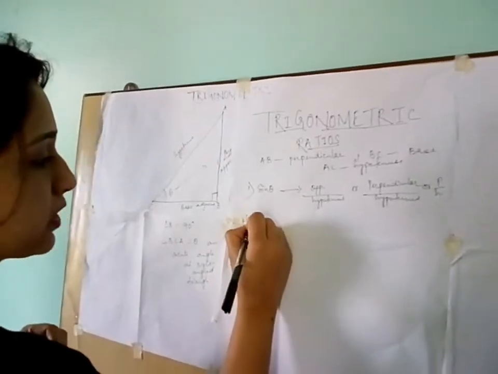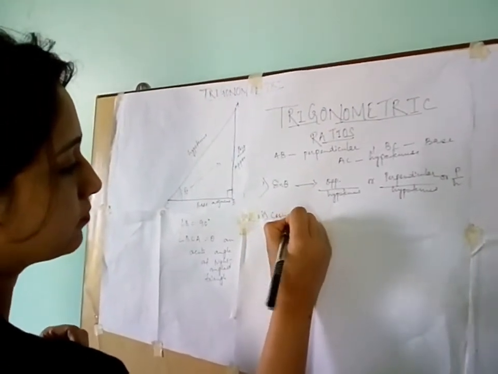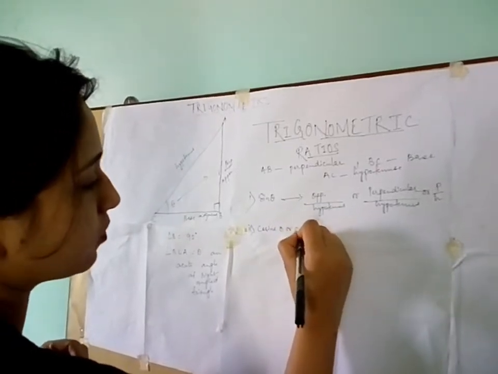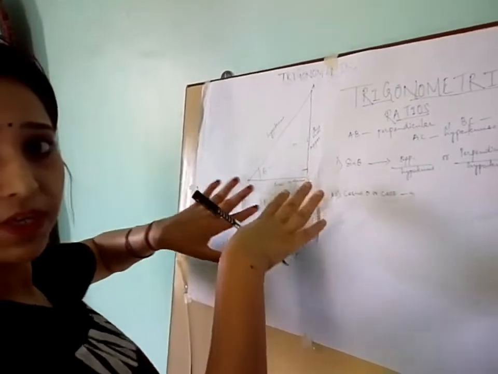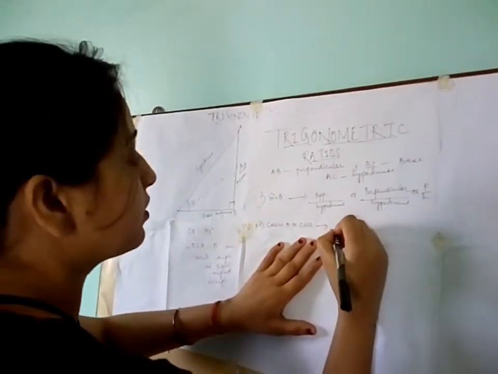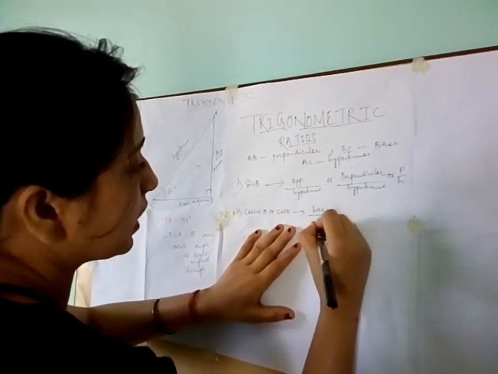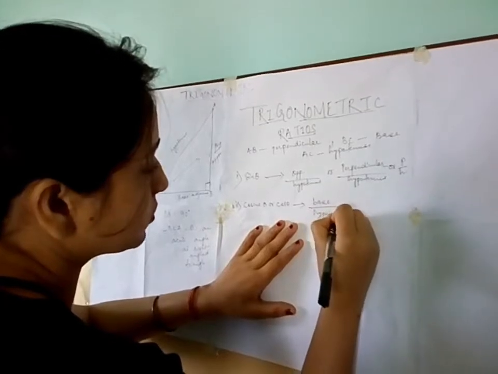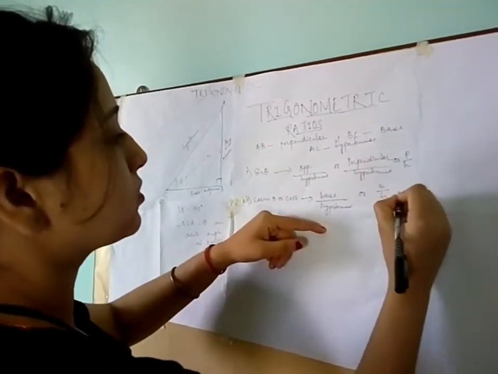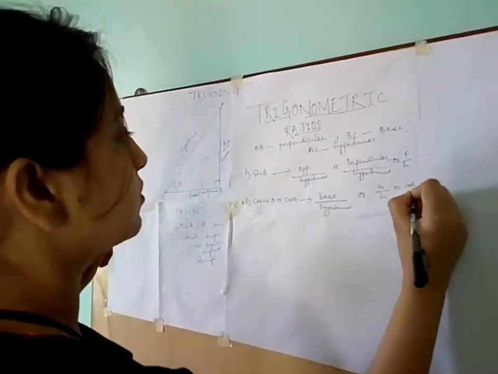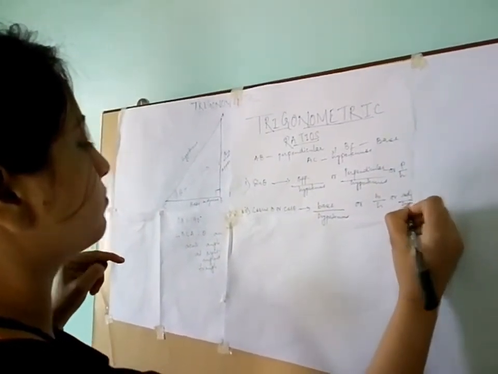Now our second, cosine theta or cos theta. This is our theta at base, then this is our base by hypotenuse. Cosine theta will be base by hypotenuse or B by H or adjacent by hypotenuse.